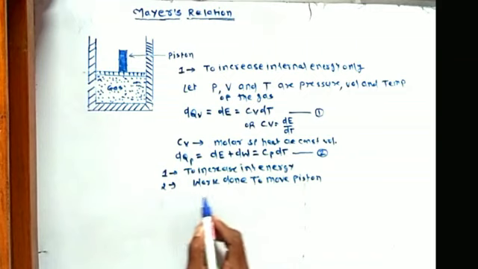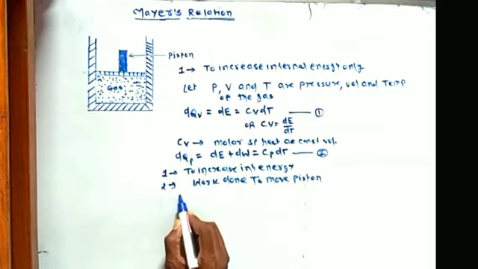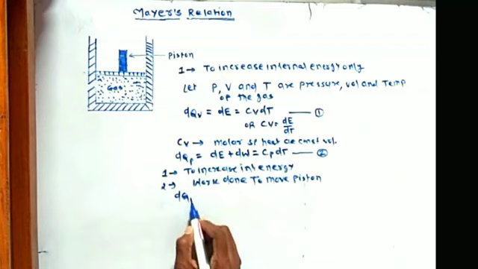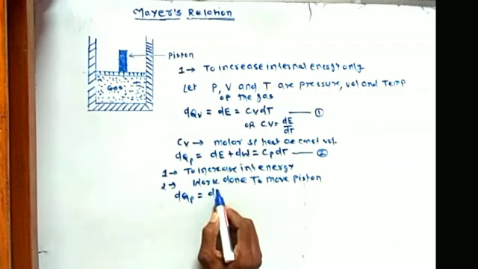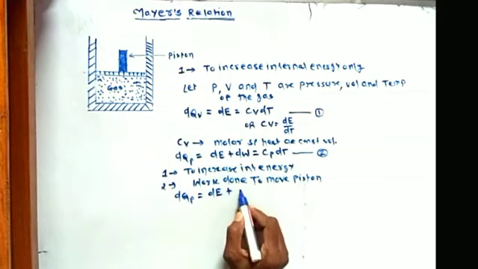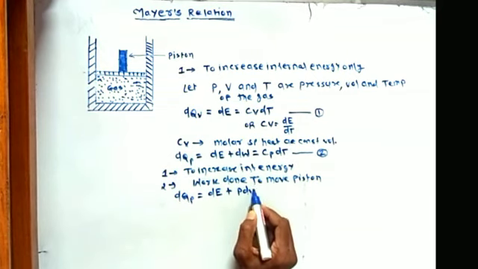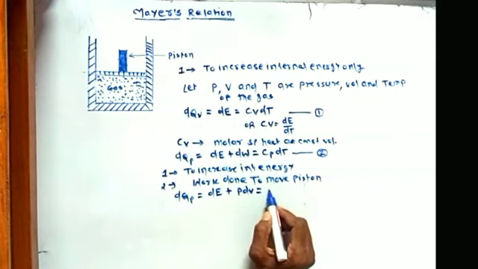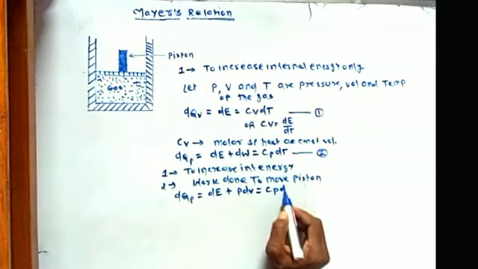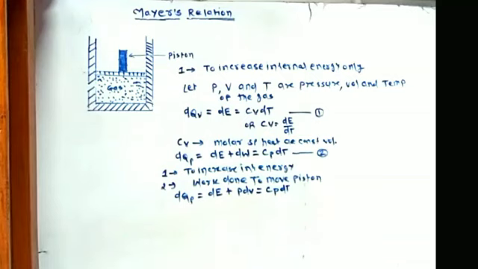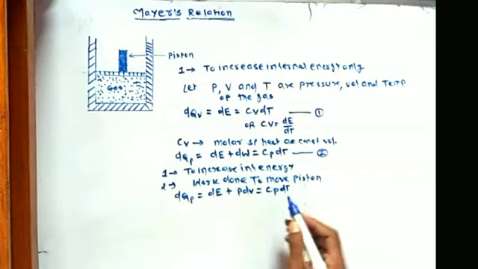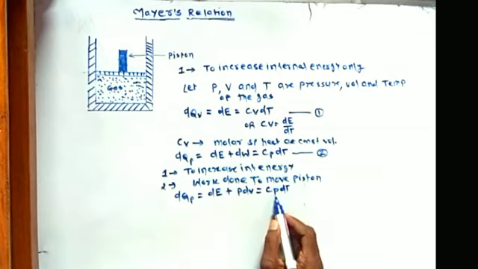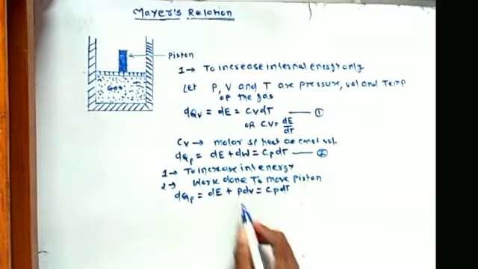This second equation can also be written as dQp equal to dE plus PdV equal to Cp dT. Cp is the molar specific heat at constant pressure. The work done PdV is done by the piston.